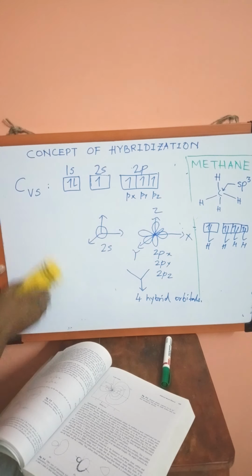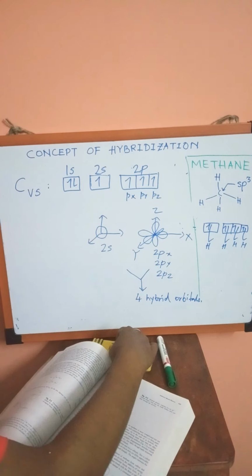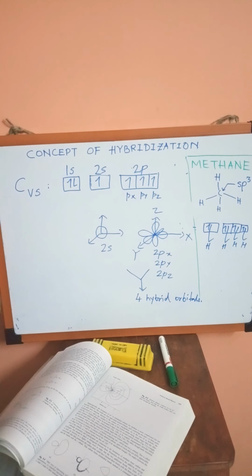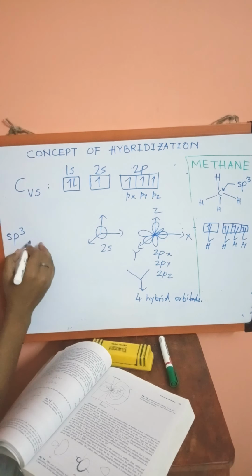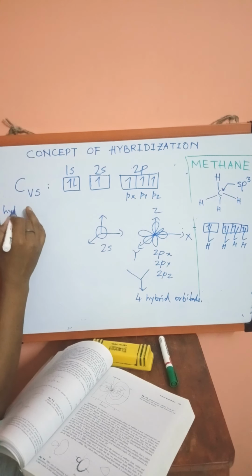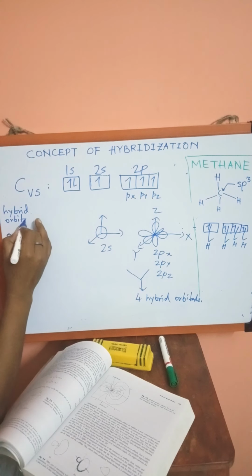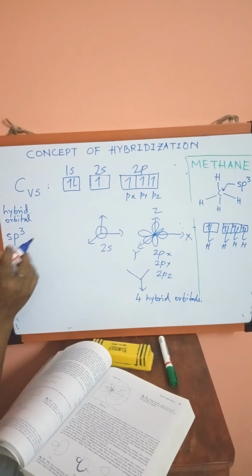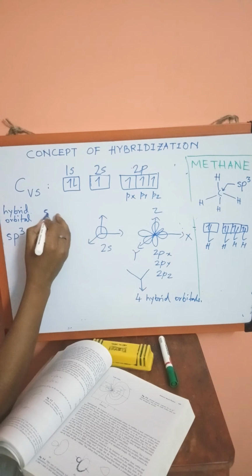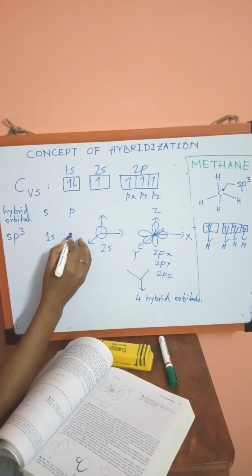Now first thing we must say is that, as here we are mixing one s and 3 p orbitals, px, py, pz, this new set of orbitals will be called sp3 hybridization. So we can make a small table. This is hybrid orbital sp3. That means you have 1s and 3p.